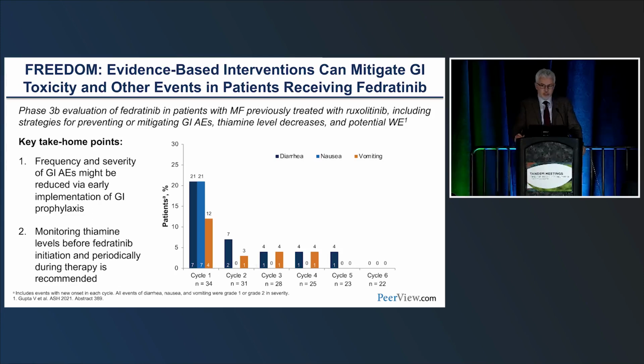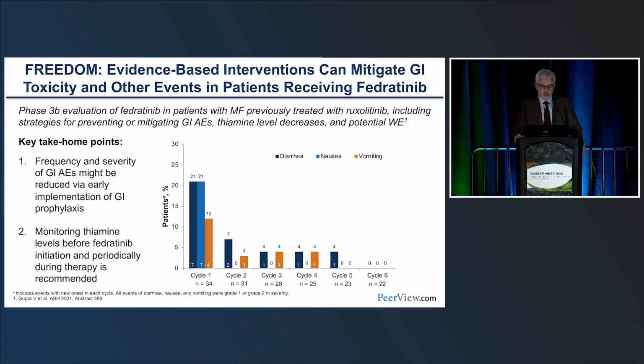Let's talk a little bit about these non-hematological toxicities with fedratinib. It is a relatively new drug, approved in 2019. There are two differences between fedratinib and ruxolitinib on non-hematological toxicity, and this is that about two-thirds of the patients may have low-grade GI irritation, which would be nausea or diarrhea. Frequency and severity of the GI side effects is reduced as you give patients preventative anti-nausea and anti-diarrhea medications.